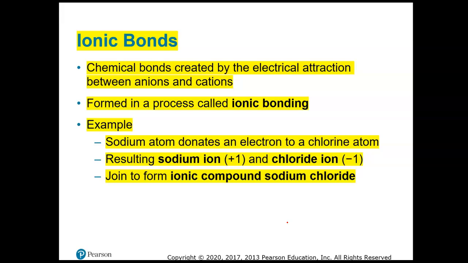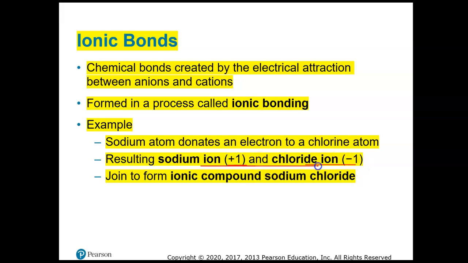One type of chemical bond, which is actually weaker than a covalent bond, but one type of chemical bond is called an ionic bond. And what happens is ions that form opposite charges, like a sodium ion has a positive charge and a chloride ion has a negative charge.